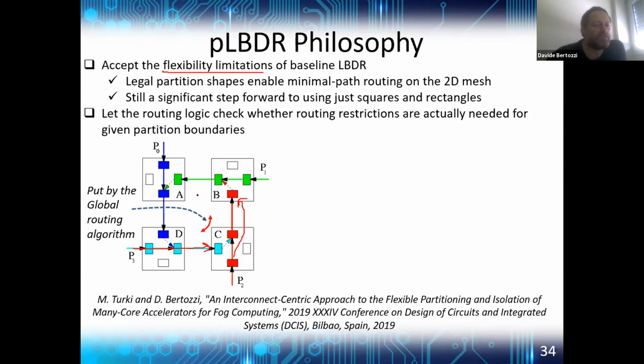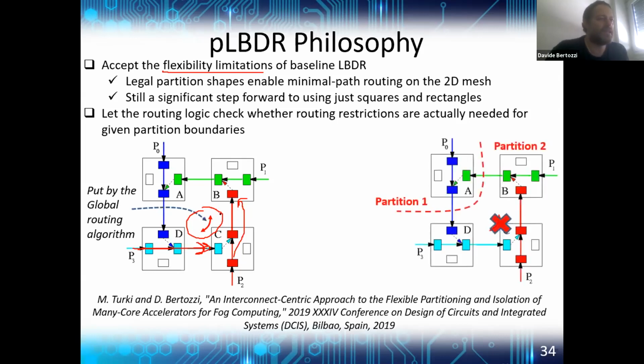In order to prevent the formation of these cyclic dependencies, deadlock-free routing algorithms introduce explicitly or implicitly routing restrictions. And this routing restriction is such that this packet here, the bottom, will never try to turn north because this is simply forbidden by the routing algorithm. And therefore, you will never have a cyclic dependency here.